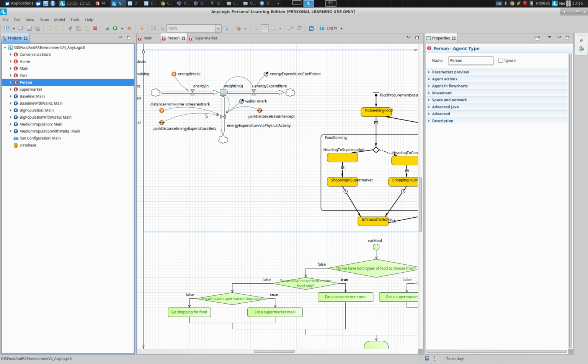So here, there can be lions alongside lambs. We have a characterization of weight using a system dynamics paradigm, and beside it, a characterization of a person's food-seeking behavior with state equations, and yet down here, a characterization of decision-making with what are called action charts within AnyLogic. All of these are pieces that you can add in.